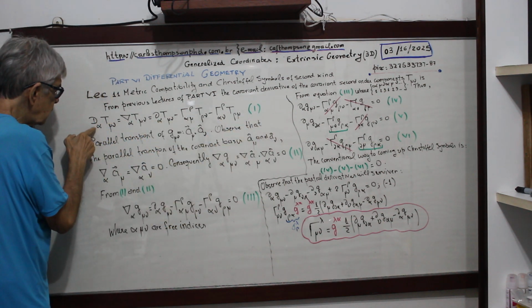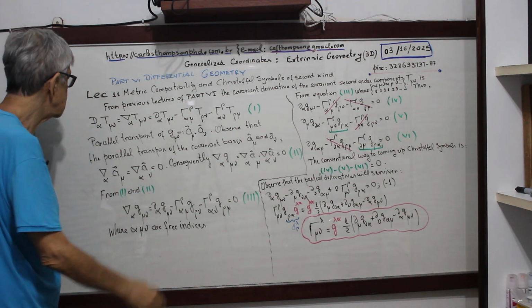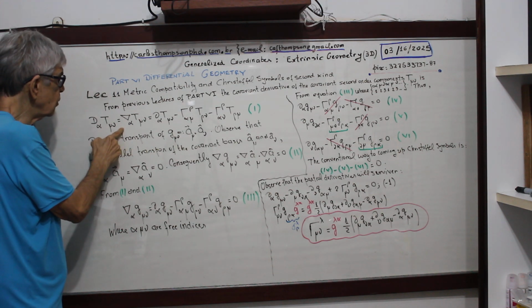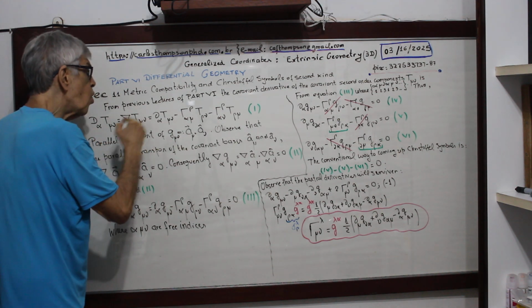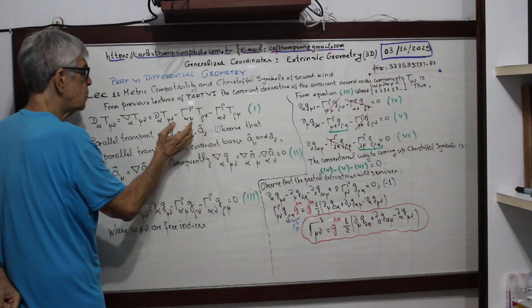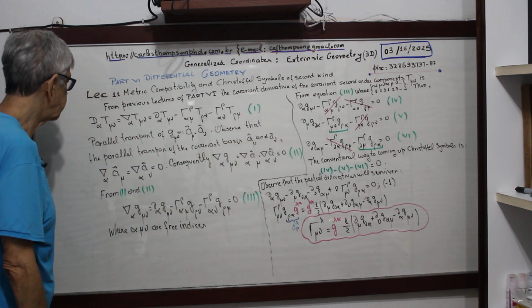Also, this notation appears in the literature sometimes, with a capital D for the covariant derivative. I just copied this from the previous lectures and wrote it here as equation 1.